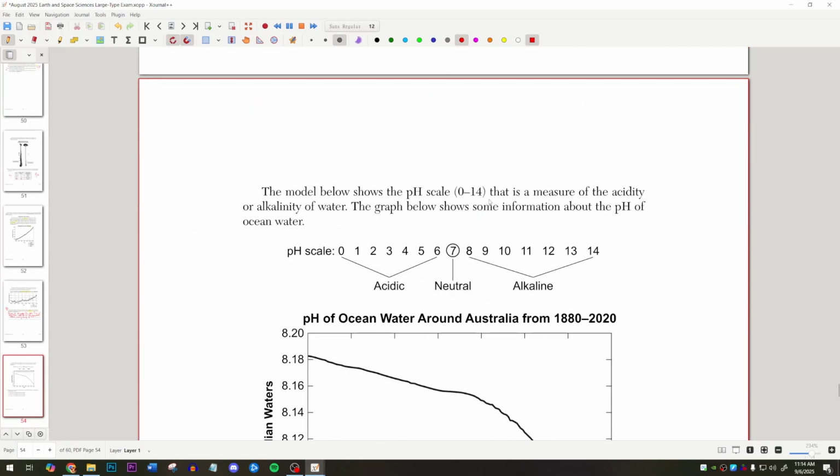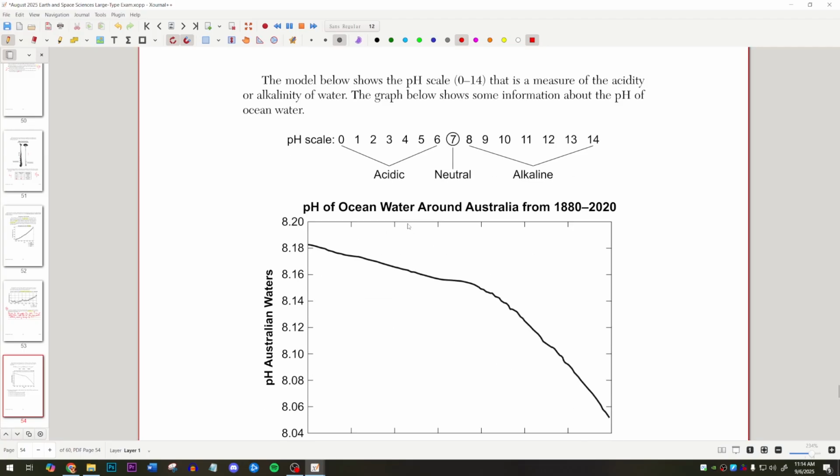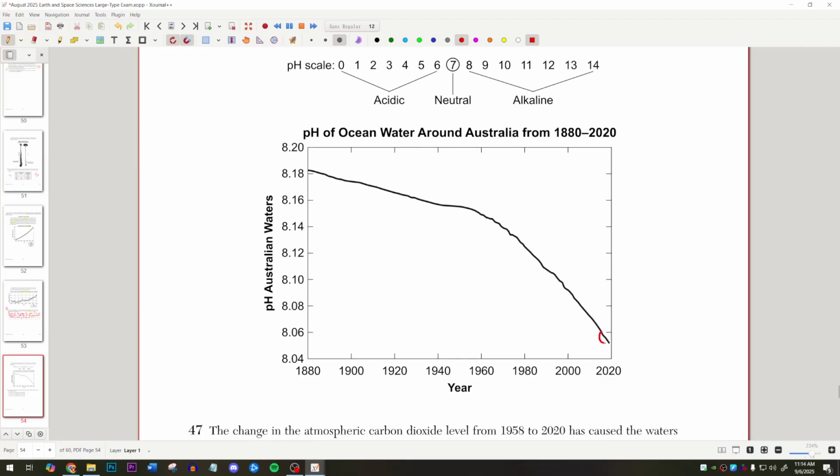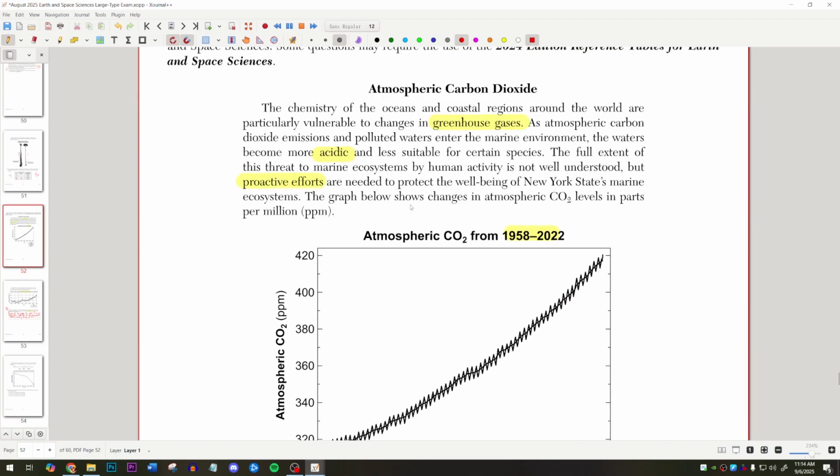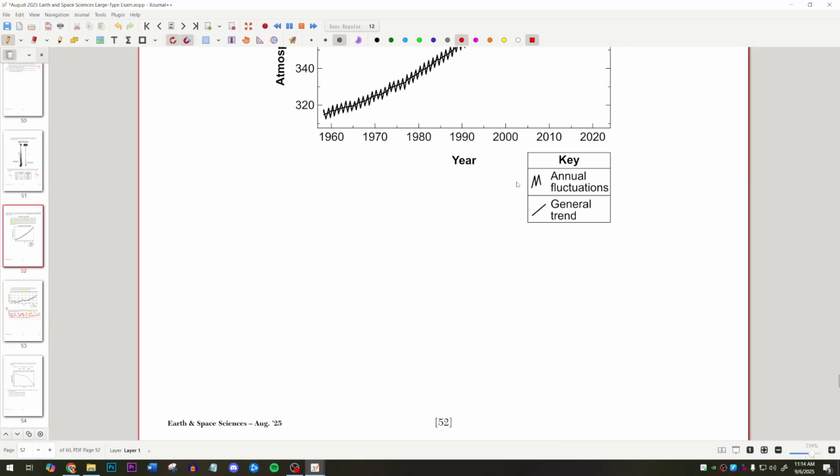Okay, we got the pH scale. Just so you know, for the pH scale, it tells you acidic is under 7 and alkaline, or basic, is over 7. And it's saying that it got more acidic. So pH dropped, and they said in the reading up here, remember, that the waters are becoming more acidic and less suitable for certain species.